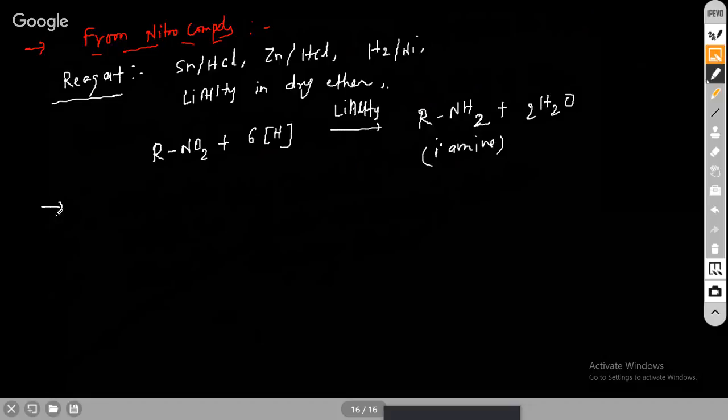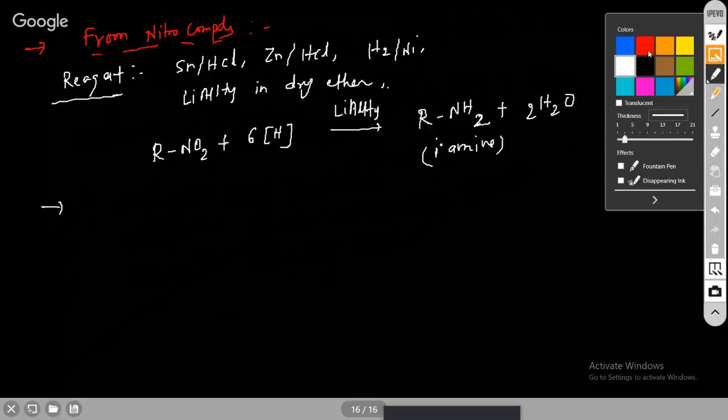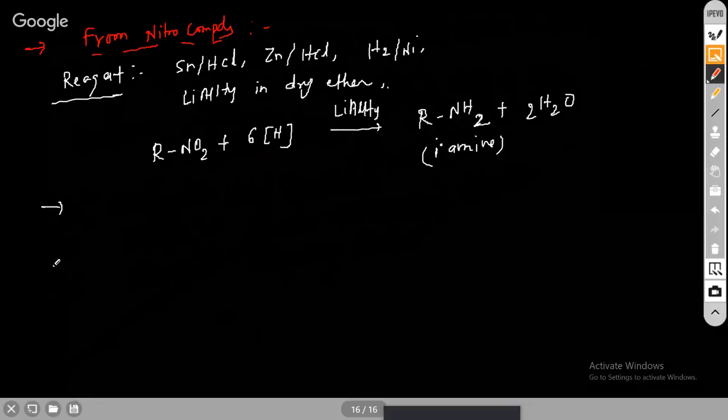Okay. Next one you write down, from nitriles. The reagent we use here: H2 in Raney nickel.